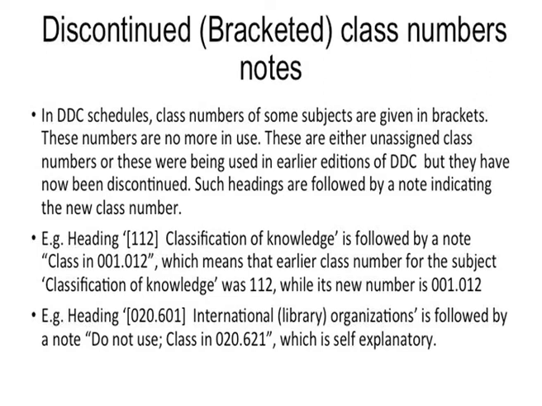Such headings are followed by a note indicating the new class number, meaning the number in which these headings have now been placed. For example, take heading 112, in square brackets: 112 Classification of knowledge.